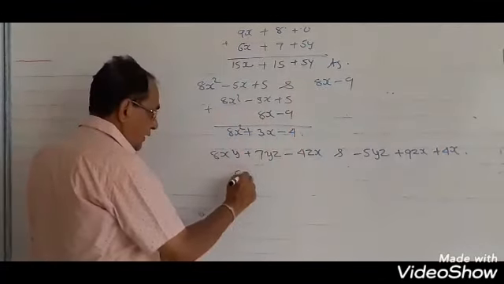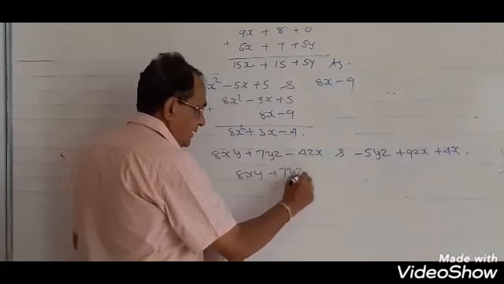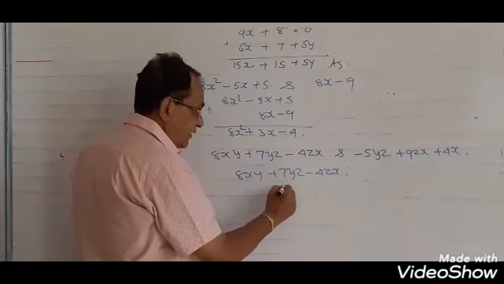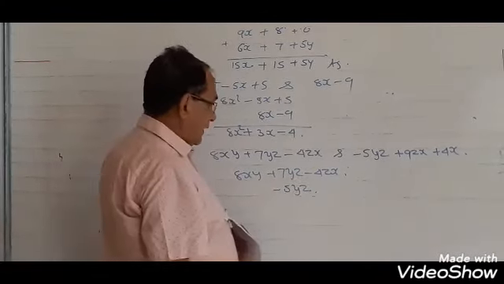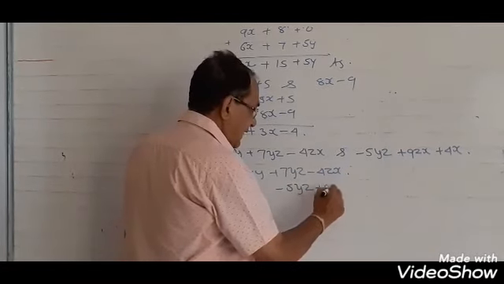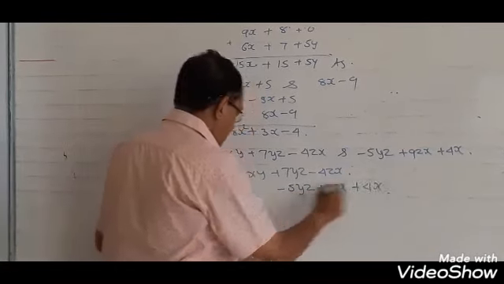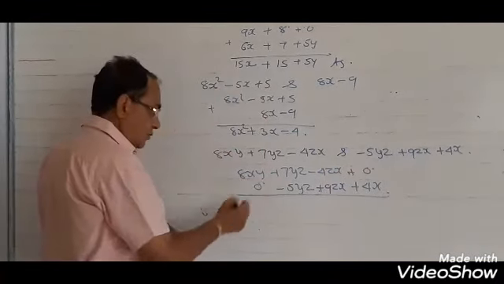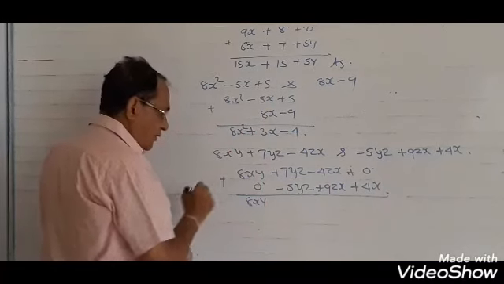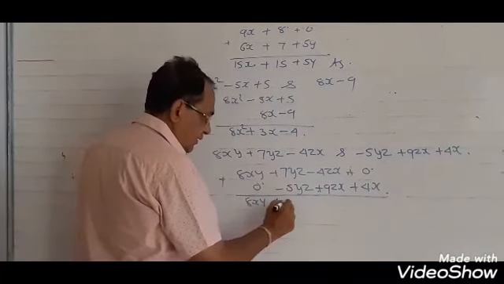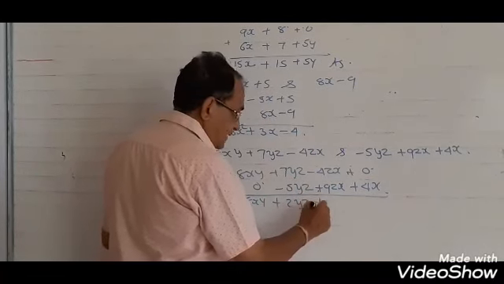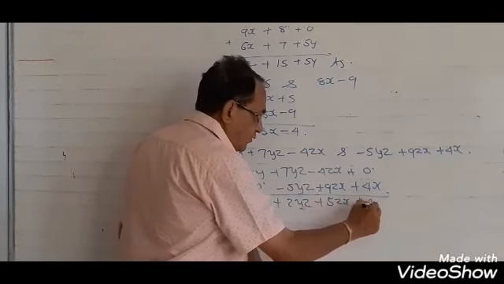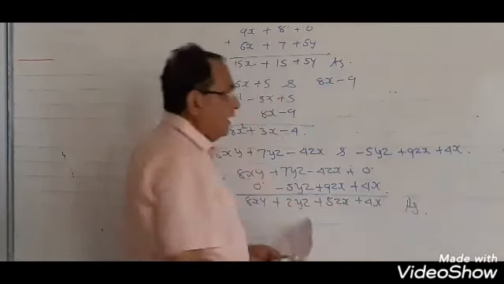So 8xy plus 7yz minus 4zx, minus 5yz I will put in here, plus 9zx plus 4x. So in 2's place 0 plus 0. 8xy, you have plus 7 minus 5, plus 2yz, plus 9 minus 4, 5zx, plus 4x. That is your answer.